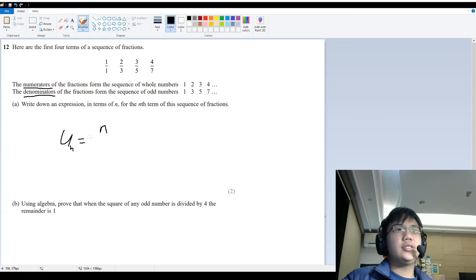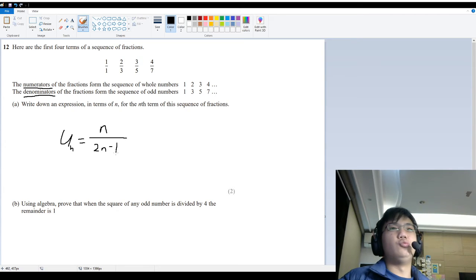So far so good. Well, for the denominators, odd numbers are basically even numbers minus or plus 1. And from here, it can be seen that the odd numbers are even numbers minus 1.